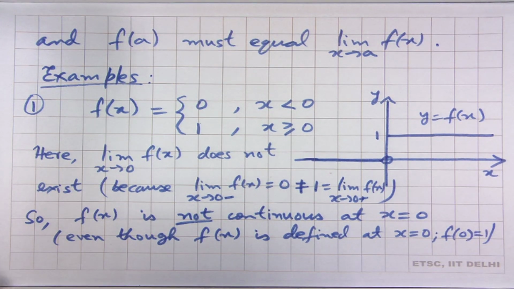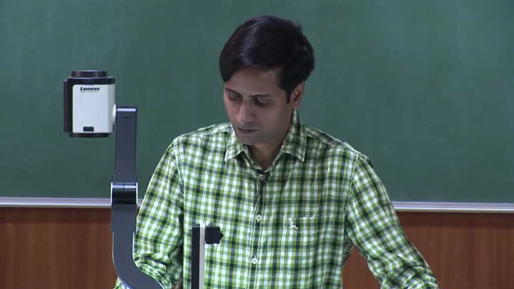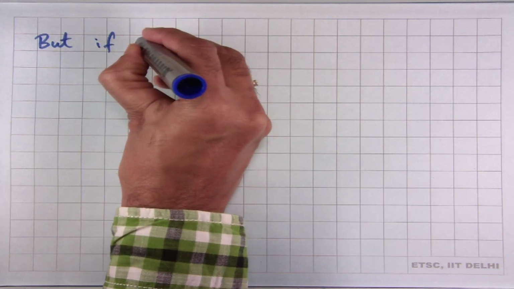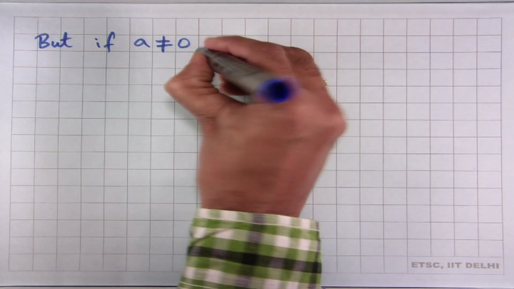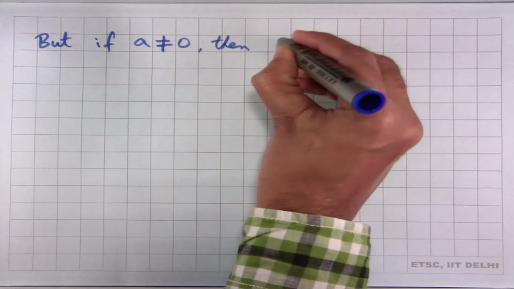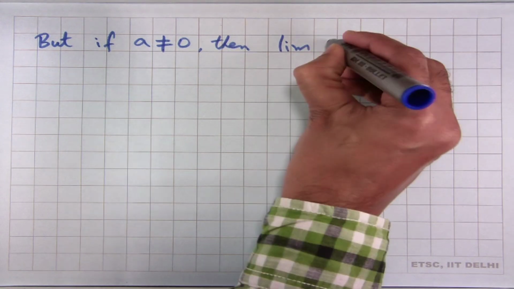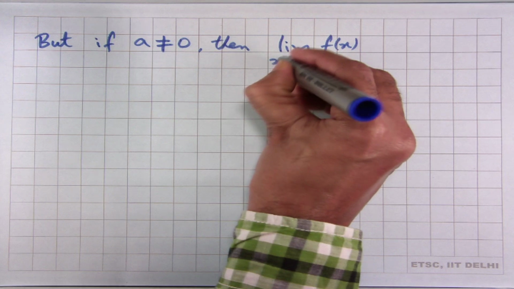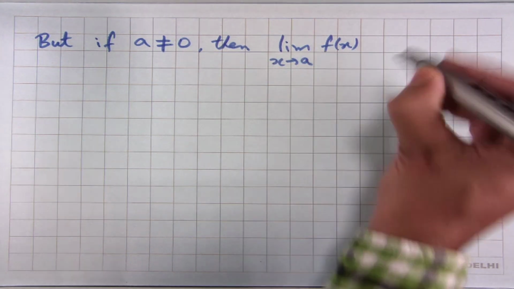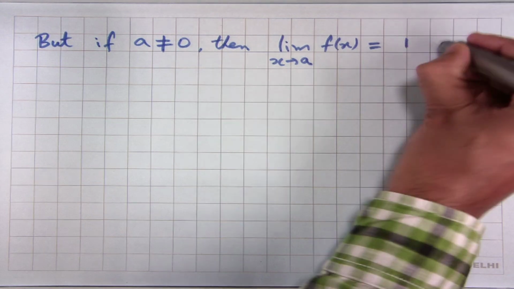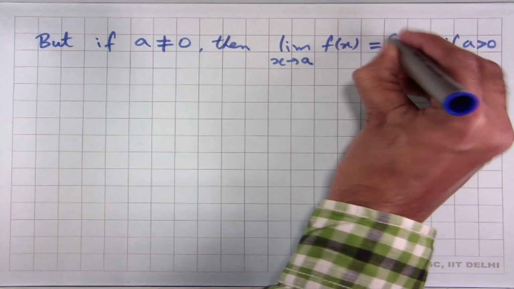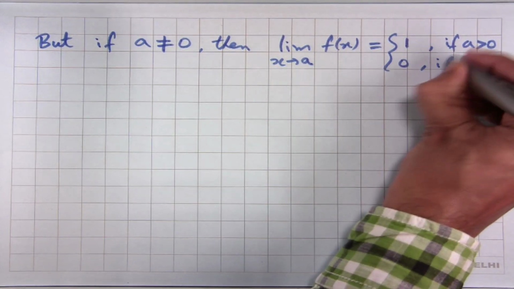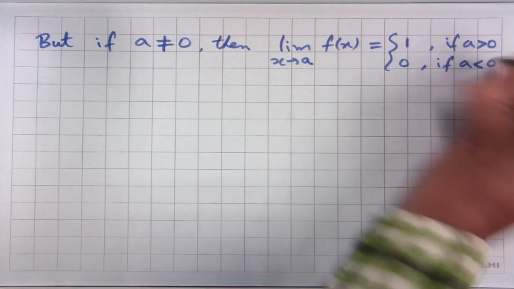But if you take any point a not equal to 0, then the limit of f of x as x approaches a is equal to 1 if a is strictly positive, and equal to 0 if a is strictly negative.